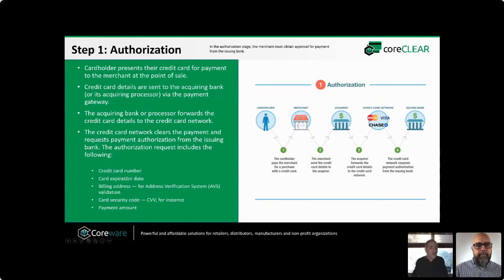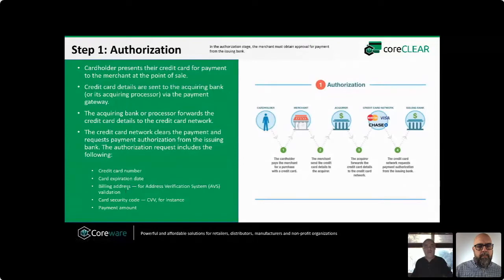You'll notice we actually mention the card information that's sent over. Obviously, if it's a card not present transaction, it could include a lot more information. But even with card present transactions, a lot of the gateways now allow you to communicate more information. And in fact, we list here just the card number, expiration date, billing address, potentially shipping address, card security code, and the payment amount.